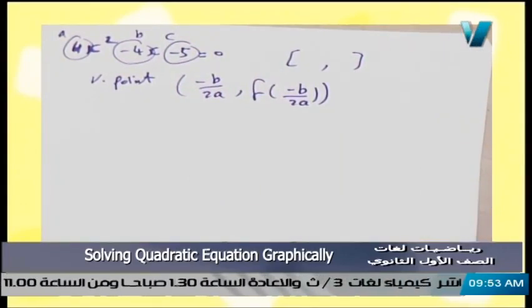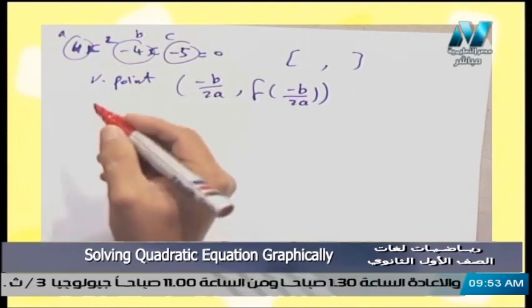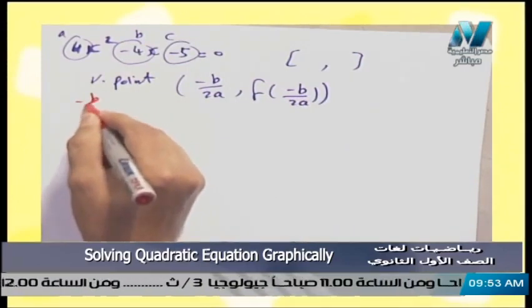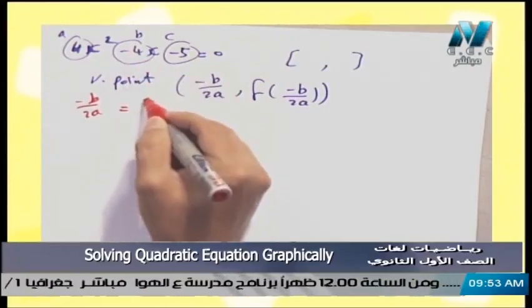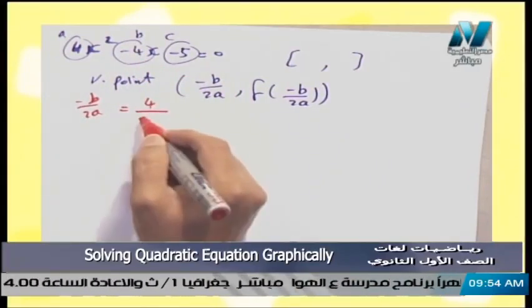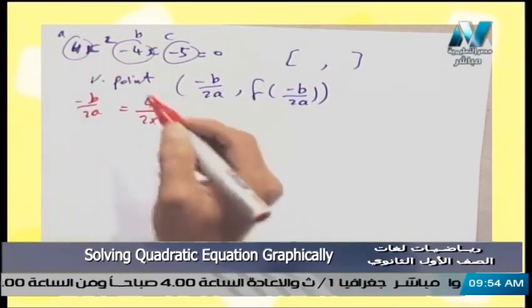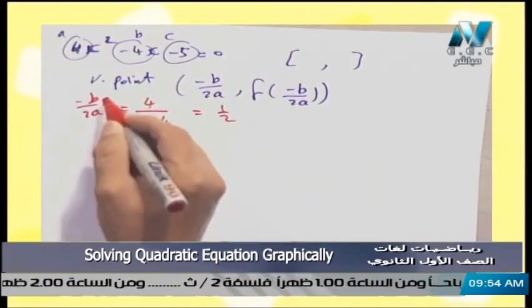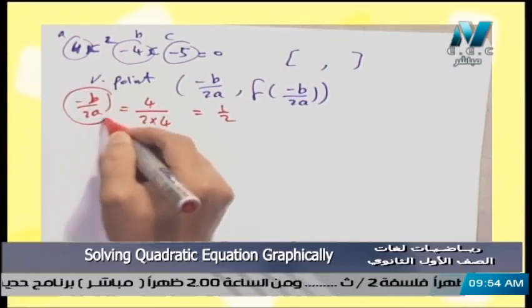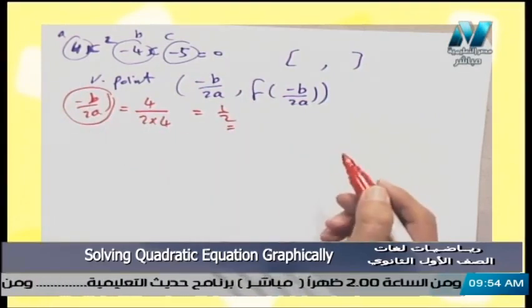And we will find the number negative b over 2a first. Negative b over 2a equals, negative b means 4, the converse of the sign, over 2 multiplied by a, which is 4. So it's half. So negative b over 2a equals half.